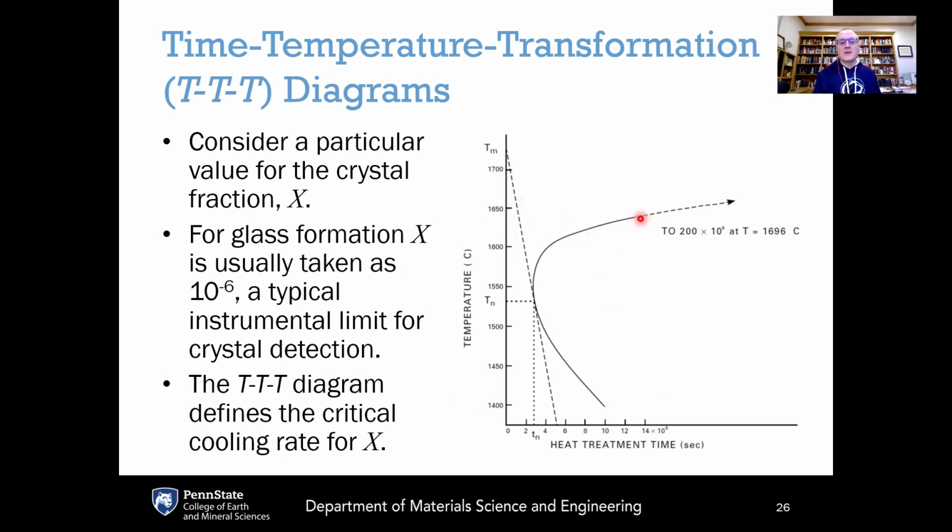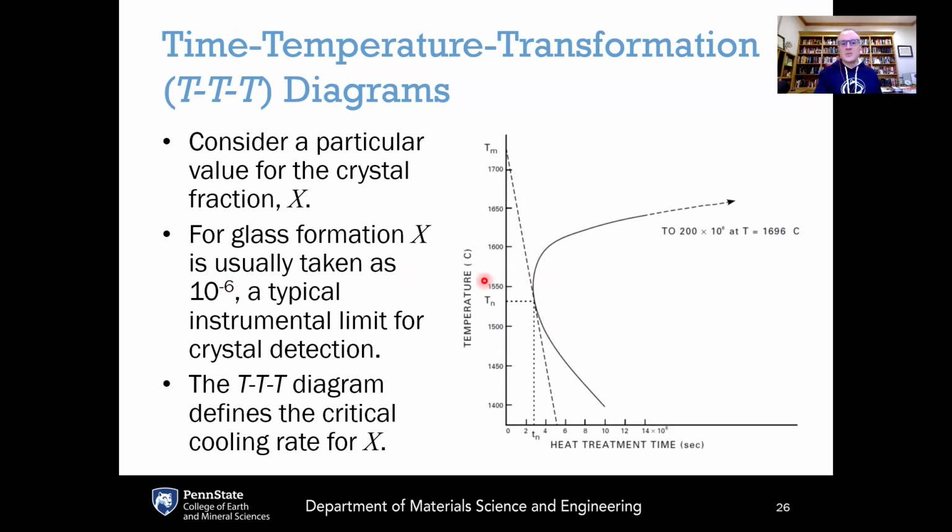And if we map out a contour of a constant volume fraction of crystallization, so a constant X, then that can give us what's called a time temperature transformation diagram, as shown here, where we've got temperature on the y-axis, time on the x-axis, and then a contour here that would be a contour for a given value of X. So like X equals 10 to the minus 6. This would be 1 part per million crystal, which is a typical detection limit for XRD, for being able to measure whether a crystal is present.